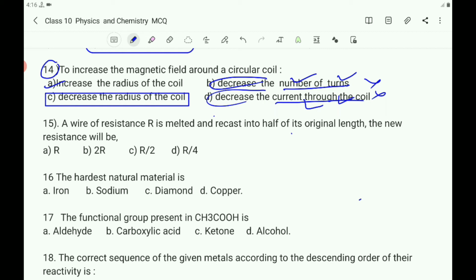So as the number of turns increases, the strength of the magnetic field also increases. As the strength of the current increases, the strength of the magnetic field also increases in the circular coil. And also if the radius of the coil is decreased, the strength of the magnetic field increases.